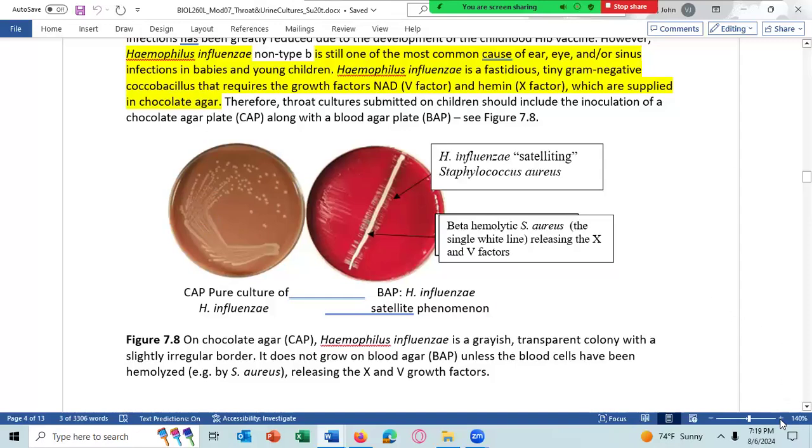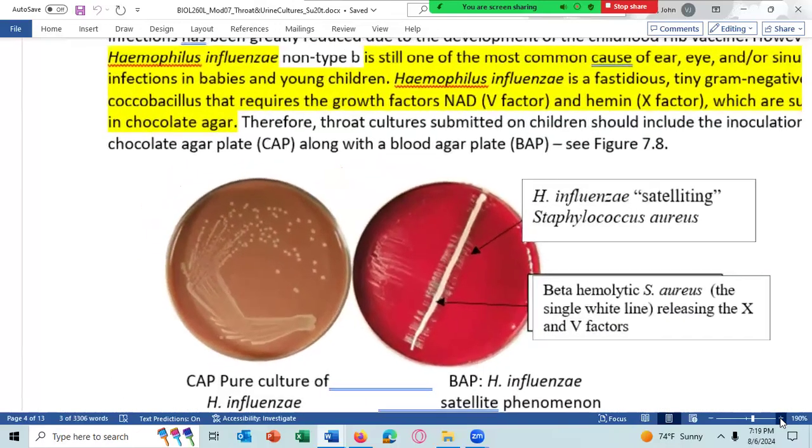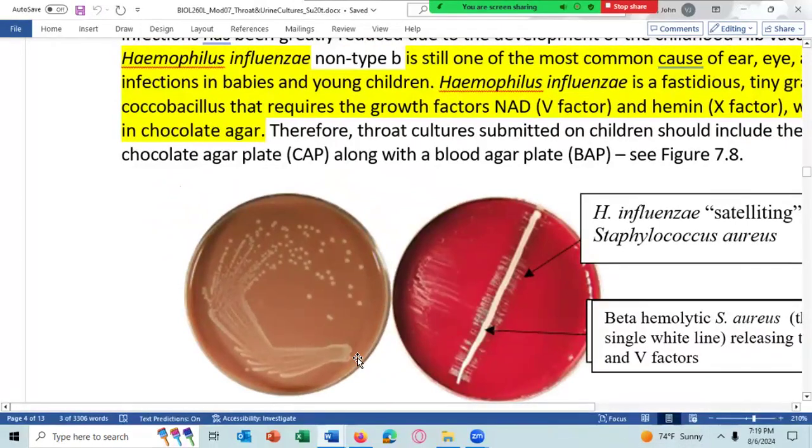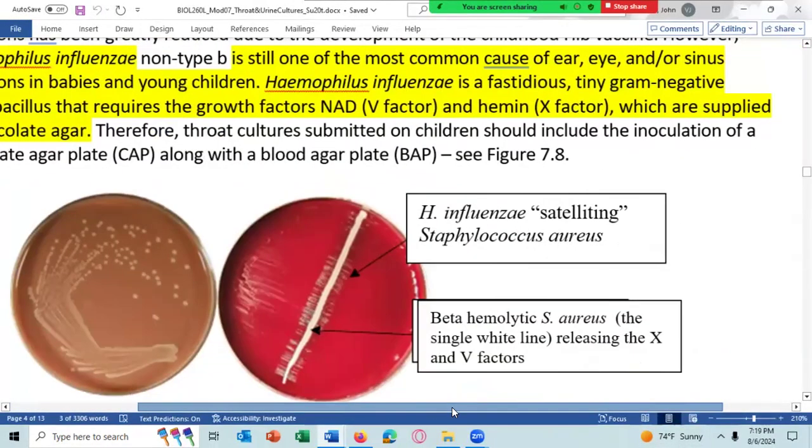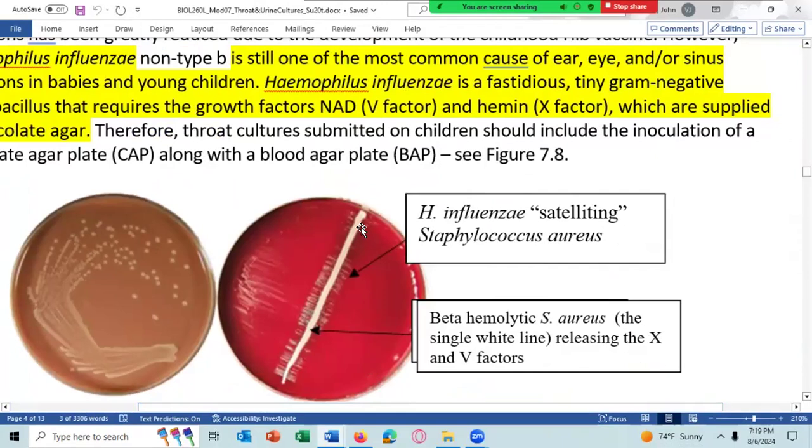And that is you could grow it on blood agar if you have a streak of Staphylococcus aureus on the blood agar. So here we have our blood agar, and we did a single streak of Staphylococcus aureus, and here we did streaking of Haemophilus influenzae across and perpendicular to it.